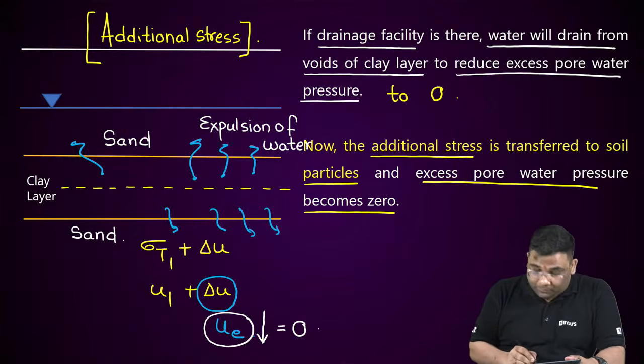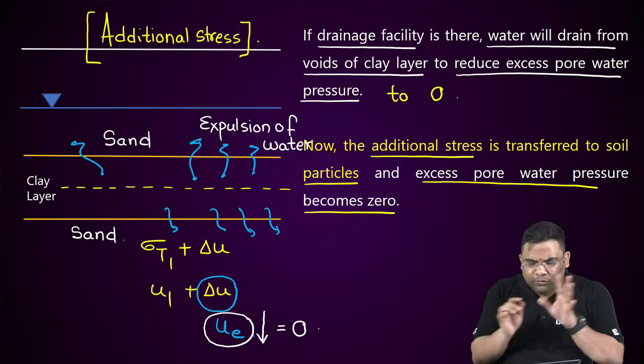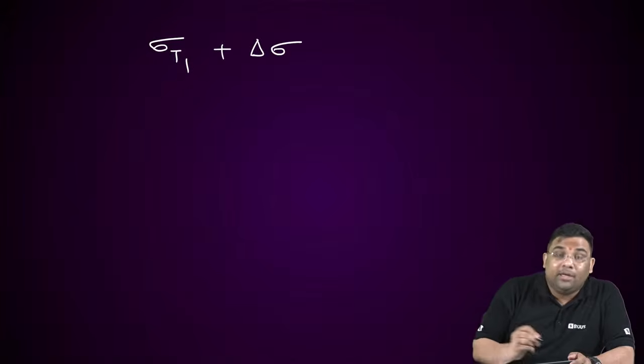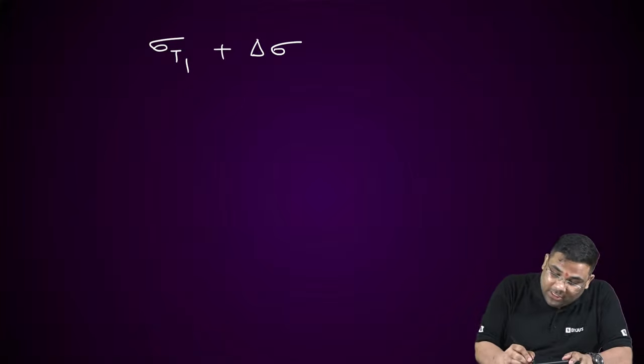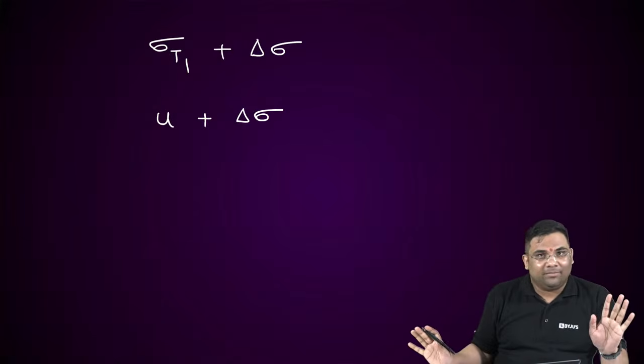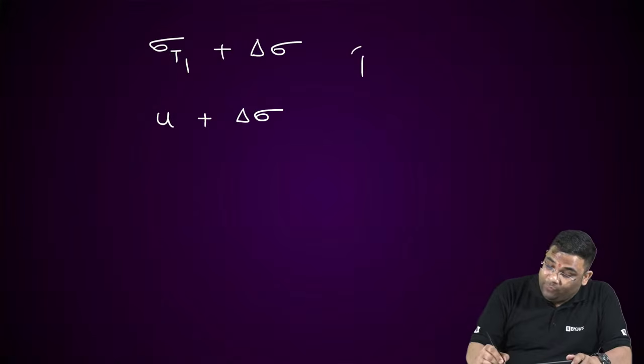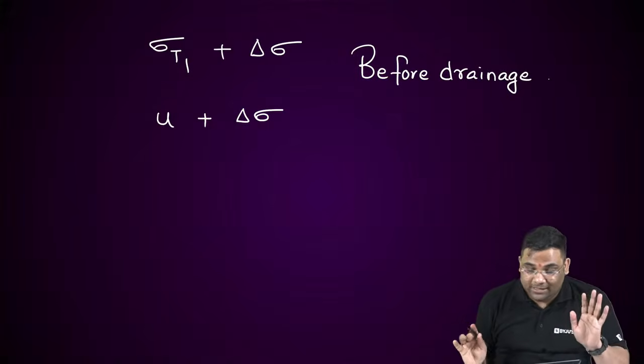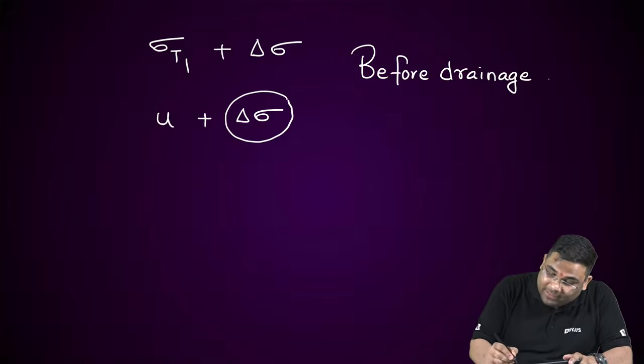Let us understand. Initially the additional stress came to the water, due to which total stress and pore water pressure both increased. This is the condition before drainage, and this is the excess pore water pressure.